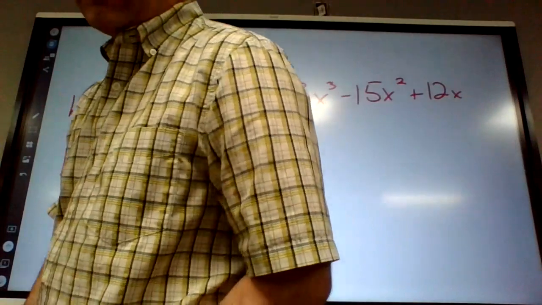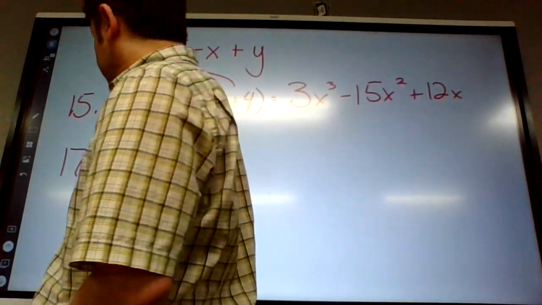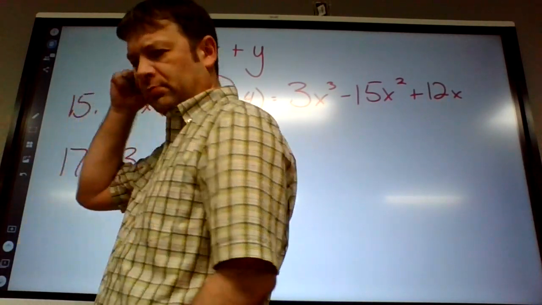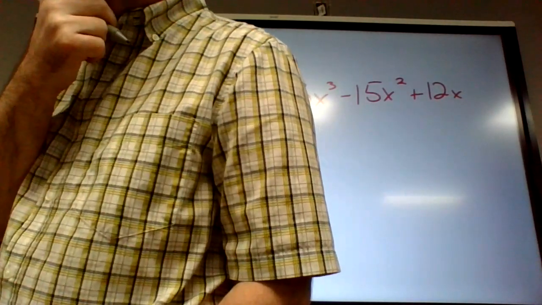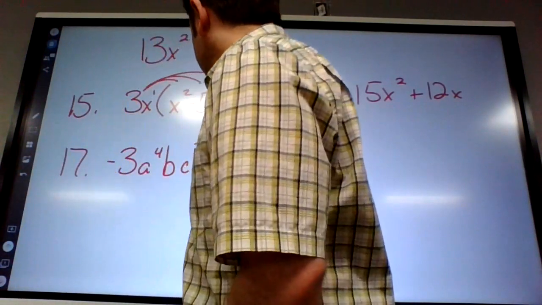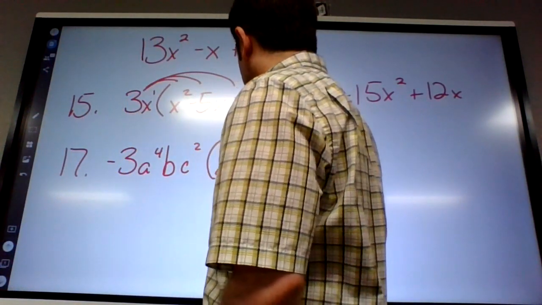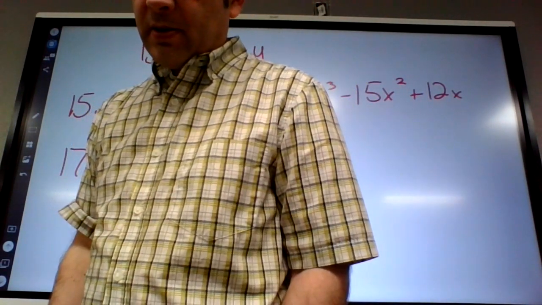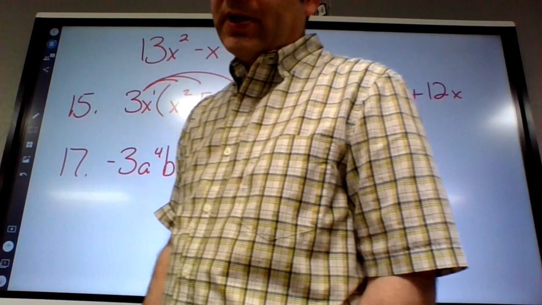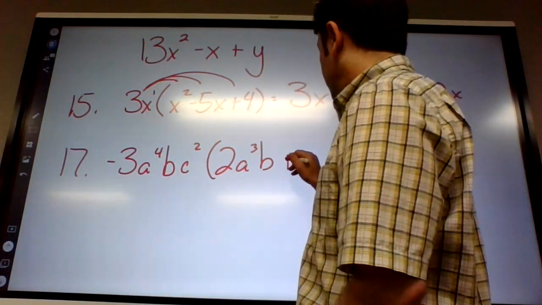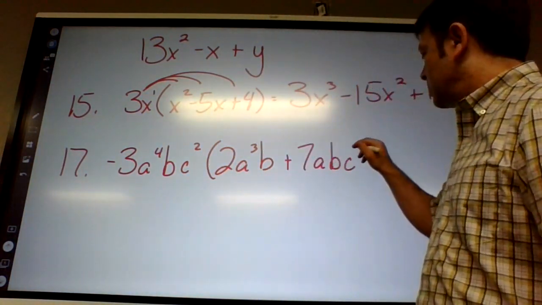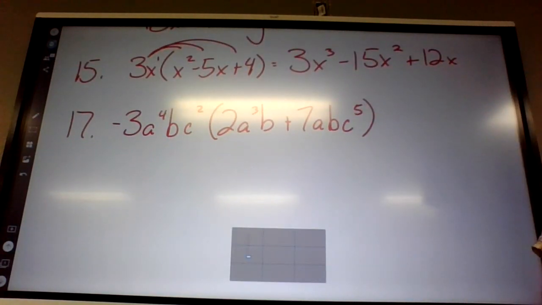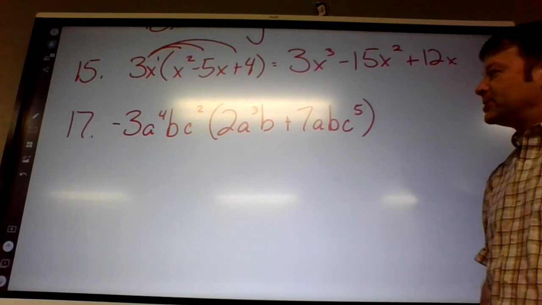Number 17. Negative 3a of 4b c squared. Alright, it takes me a long time to write it. Alright, Case, what's that going to be?